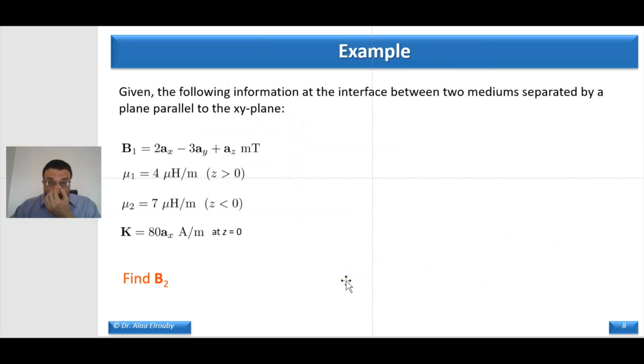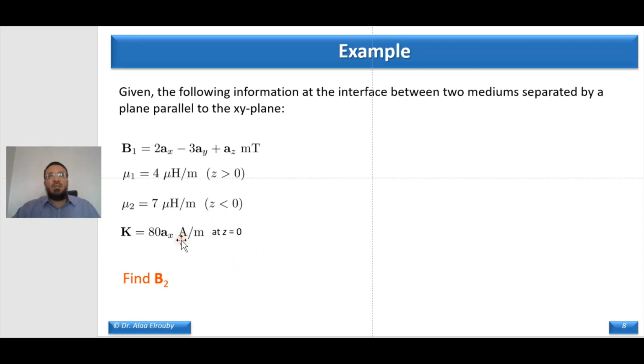Another example. Here we are given a magnetic flux density B1 in a Cartesian coordinate system with a component in X, a component in Y, and a component in Z, with the unit of millitesla. We have the value for mu1, the value for mu2, and in this case we have a surface current.